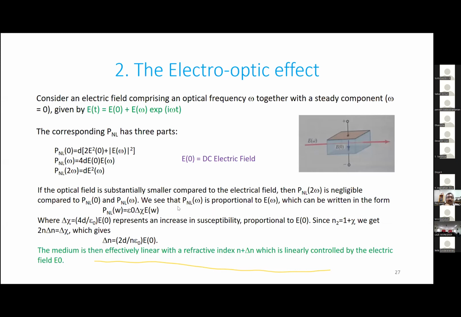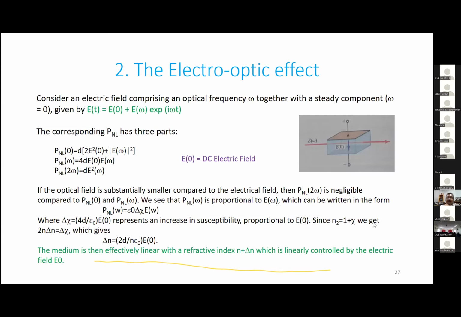Therefore, PNL omega is proportional to E omega, which can be written as P nonlinear omega equals epsilon naught delta chi E omega, where delta chi represents an increase in susceptibility. That is given by 4d by epsilon 0 times E naught, where this is the DC field, so it is proportional to E naught.